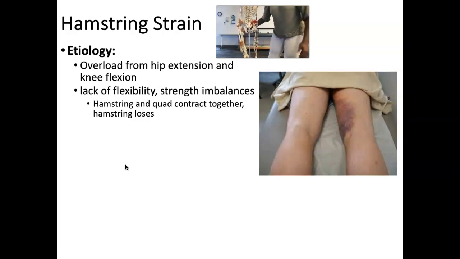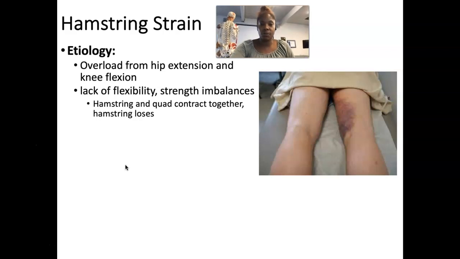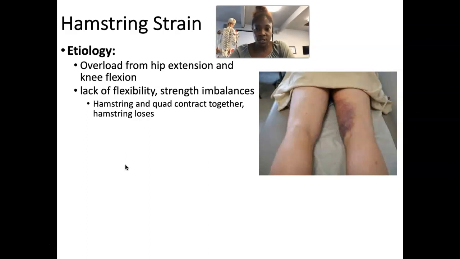But most often, hamstring injuries are going to occur in a hyper-contracted state, which is a little bit different than its sister muscle group, right, the quadriceps. What we know about quadriceps versus hamstrings is there's far more hamstring strains than there are quadriceps strains. The other etiology, quite honestly, is just a lack of flexibility in our patients who come to us, right?